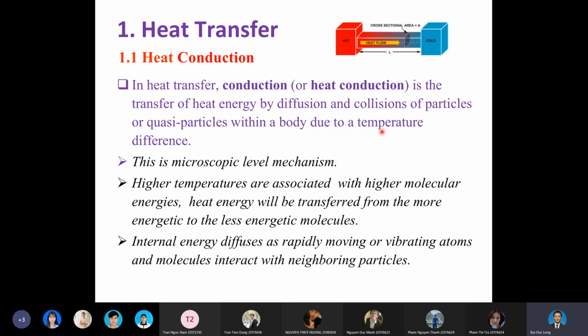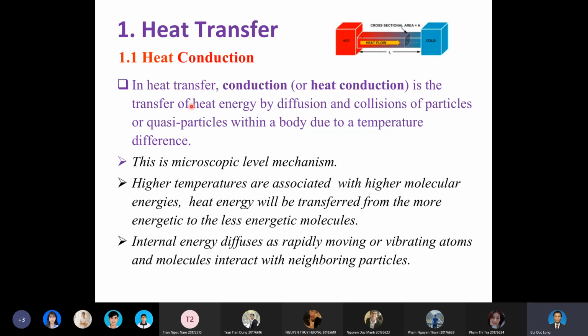Okay, so for the first one, conduction. Heat transfer is by conduction. In heat transfer, or heat conduction, what is transferred is energy.